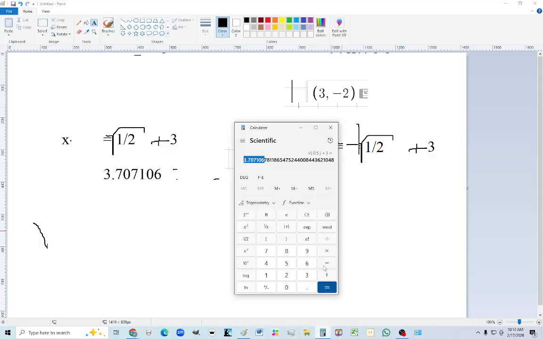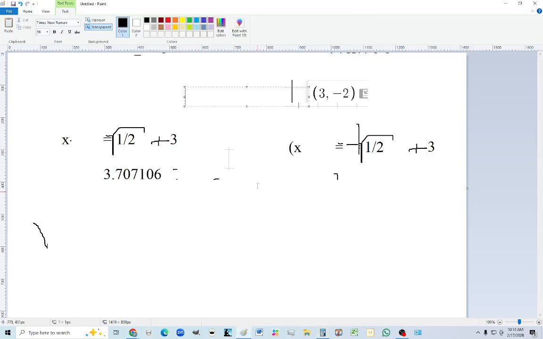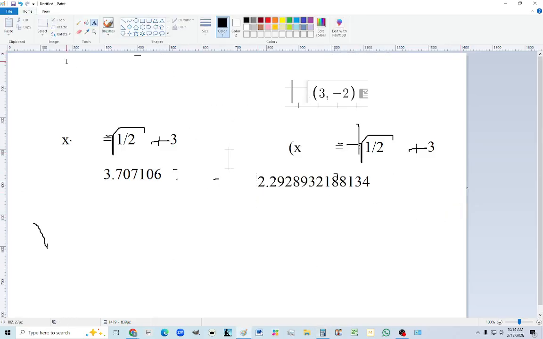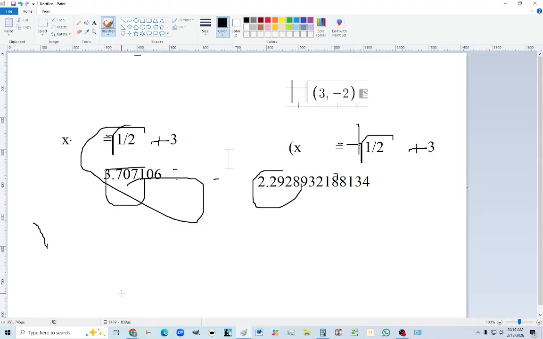And then the other one, the square root that I have, I've got to make negative and then add 3, because it's negative square root of half. And here's my other x-intercept. That means these should be the x-intercepts on these two graphs, 2.29, 3.7. Let's go see if that's true.